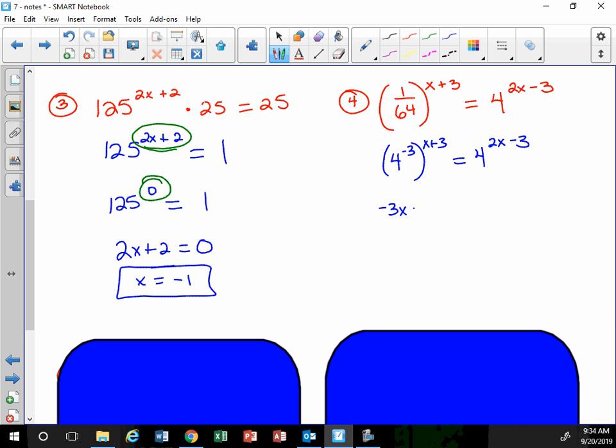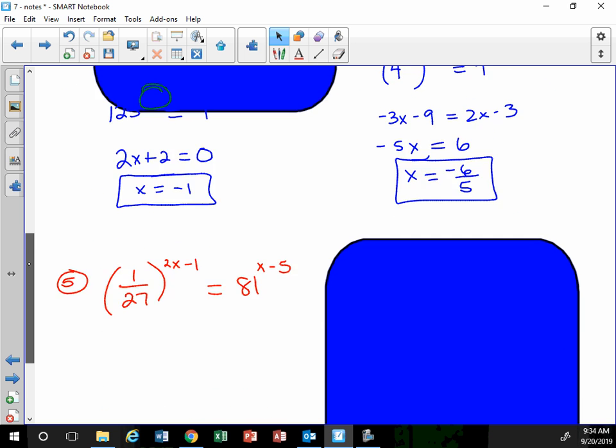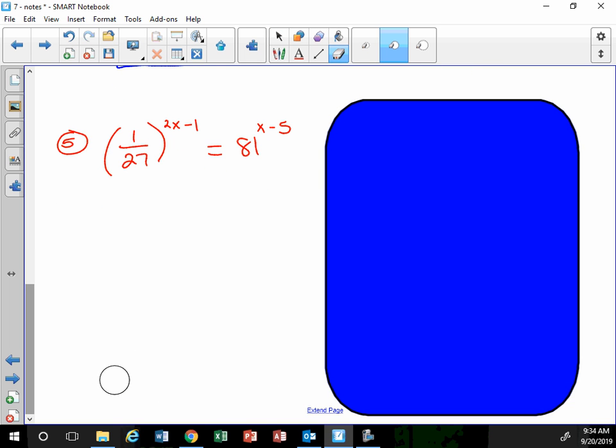So I've got negative 3x minus 9 equals 2x minus 3. Negative 5x equals 6. Negative 6 fifths for x. Yeah? Okay. One more, guys. You got there. All right, one more, guys.